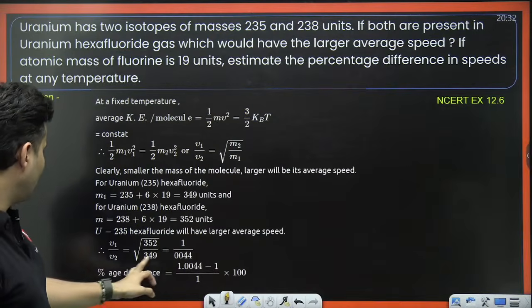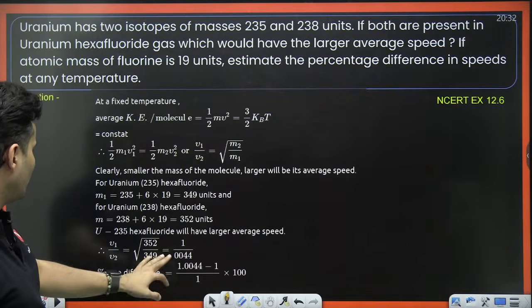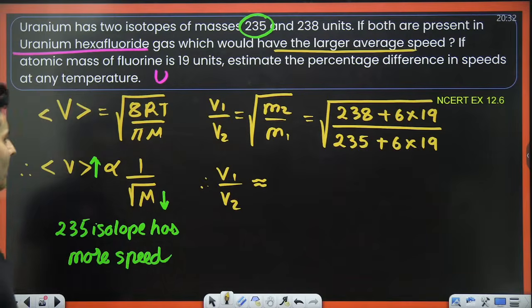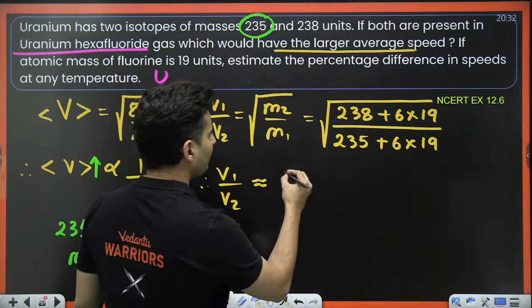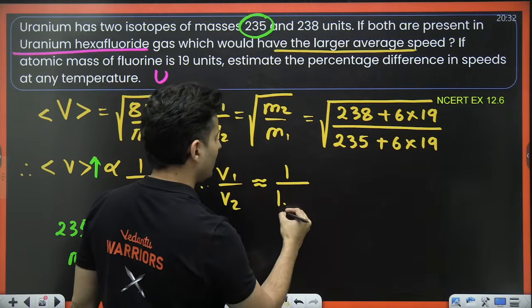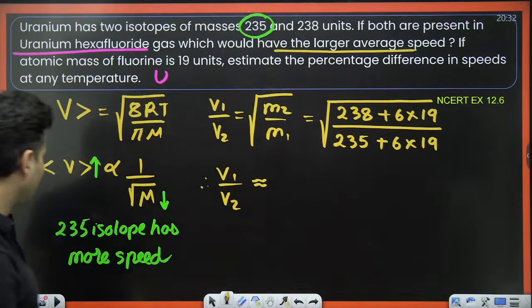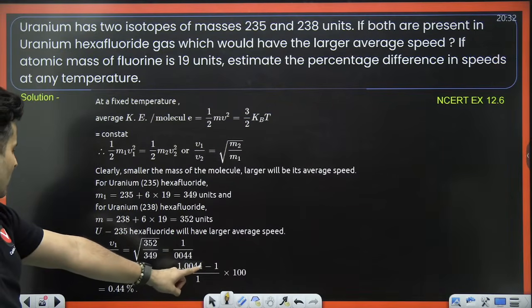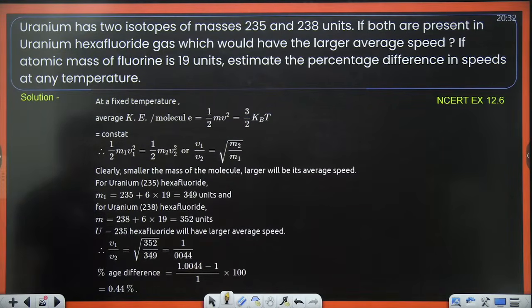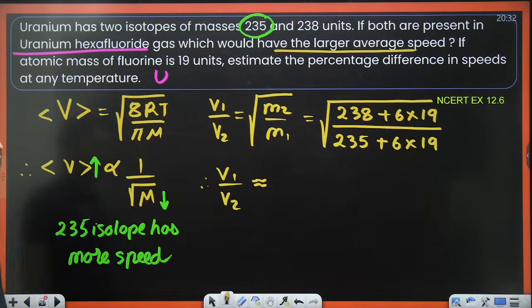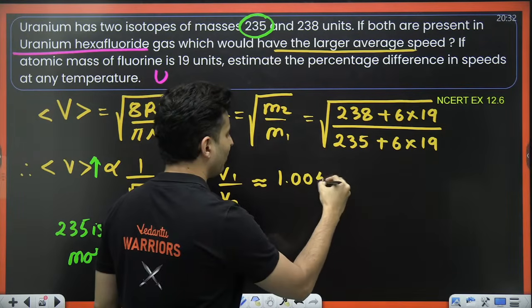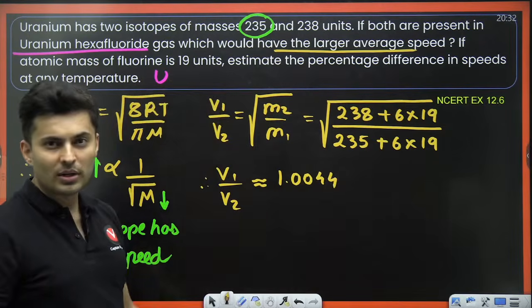I think the approximate value comes close to 1.0044 or something like that. Just see if you are getting it as almost that, 1.0044 approximately.